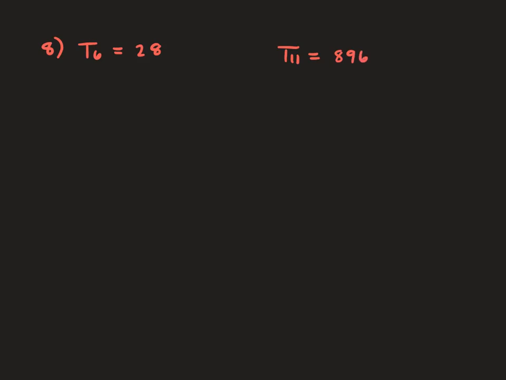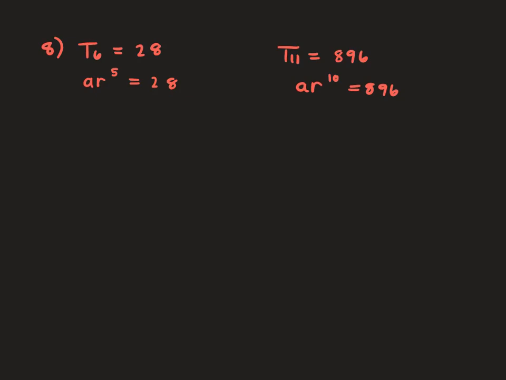Okay, so remember, now we're doing geometric progressions, right? Not arithmetic. So term 6 we could rewrite as a times r to the power of 5 is equal to 28, and term 11 is a times r to the power of 10. When it's the geometric patterns, remember the exponent is 1 less than the position.